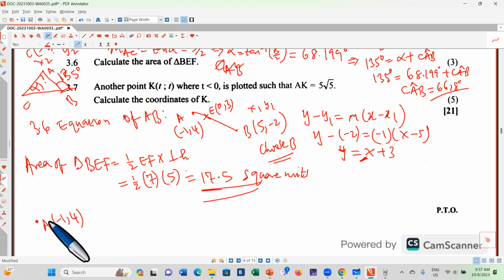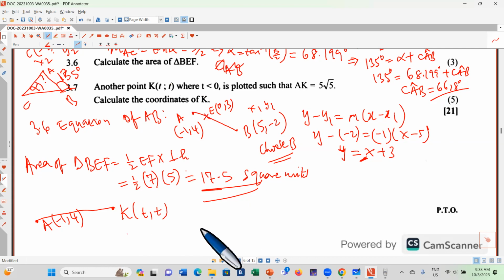And we have K. What is K? K has the coordinates T and T, but T is negative.